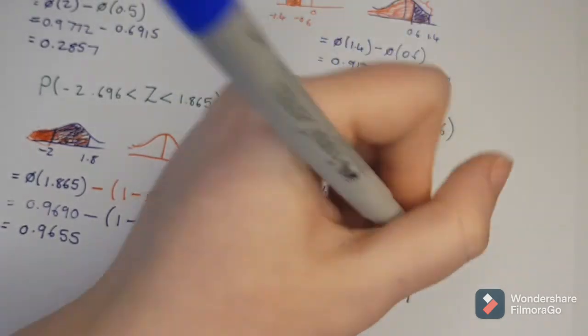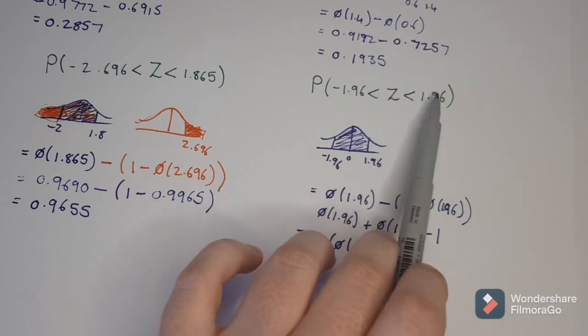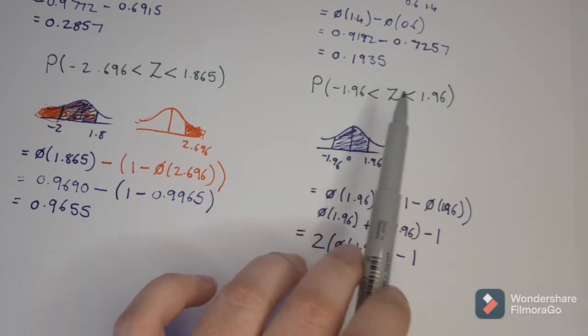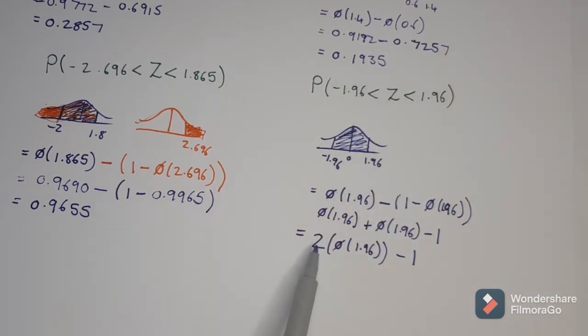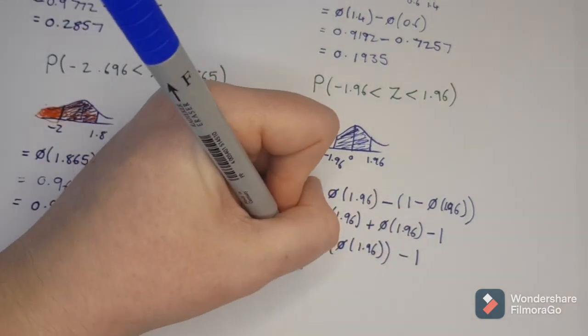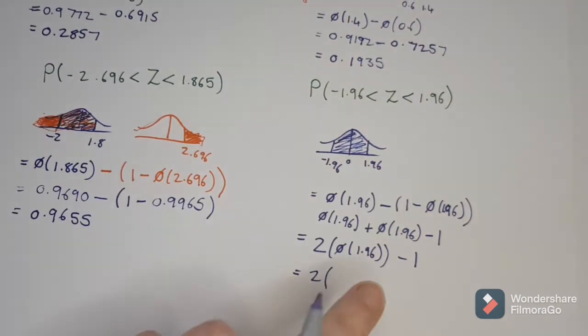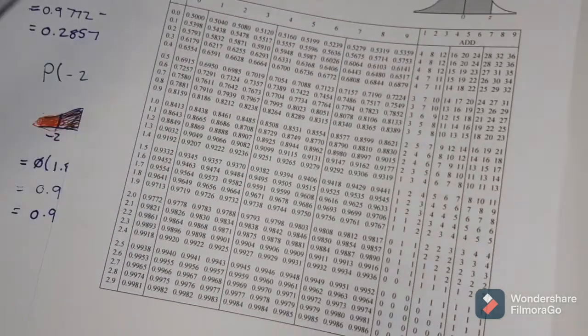minus the 1. So whenever you see that you have both the same value, but one is positive and one is negative, you can just say it's going to be 2 times that value off the table minus 1. So if I look at that table, it means I'm going to have 2 times 1.96. So now I look up 1.96.